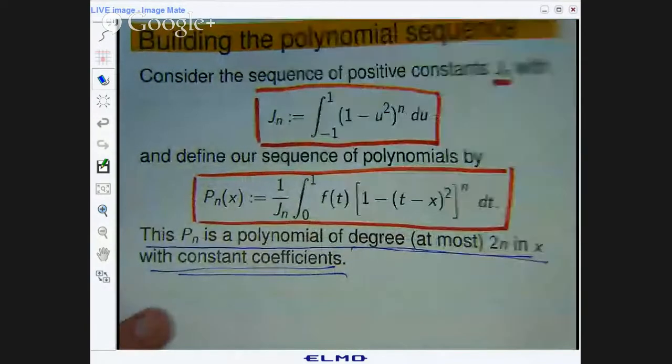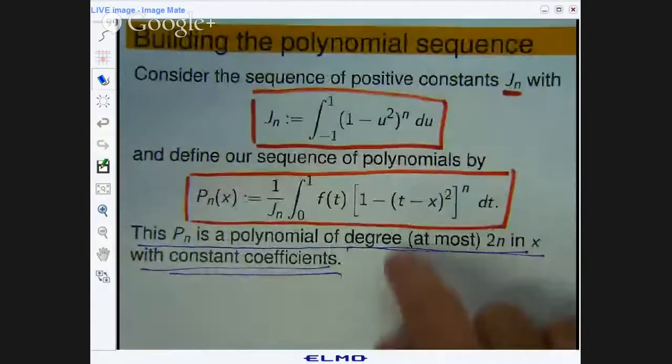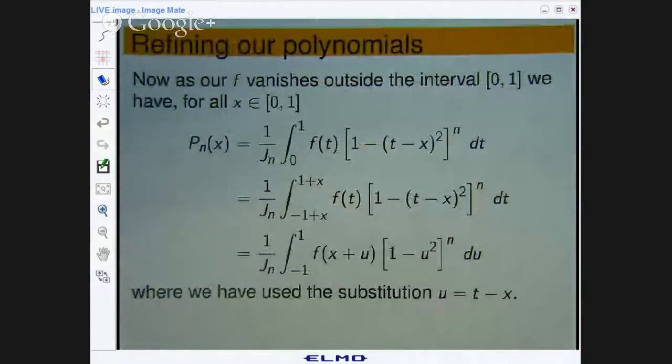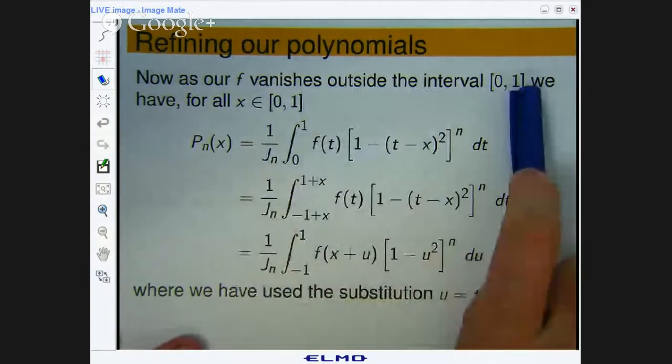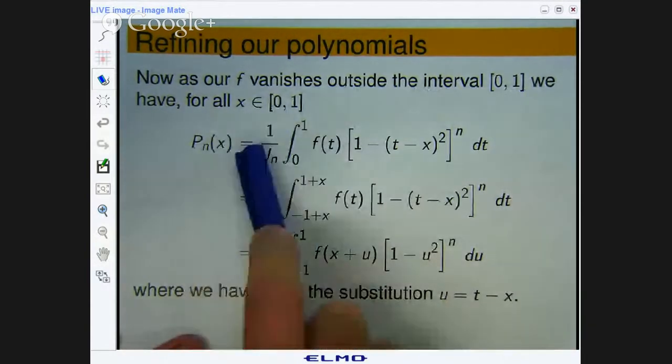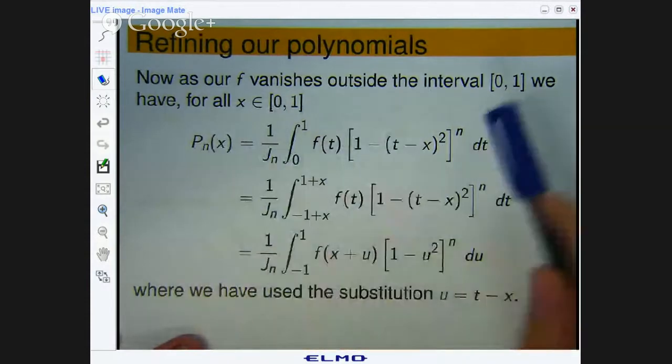Well, what we're going to do is refine our polynomial to put it in a slightly more convenient form. Essentially, you can use the properties of the f that we just defined. Because it's 0 outside this interval, we have for all x in this interval, this becomes this.